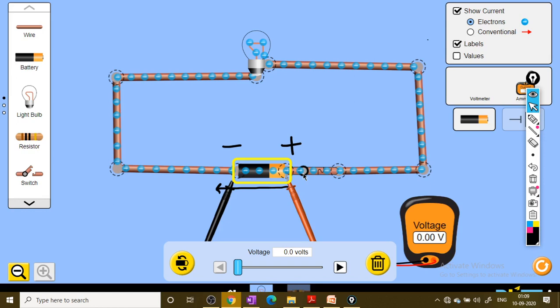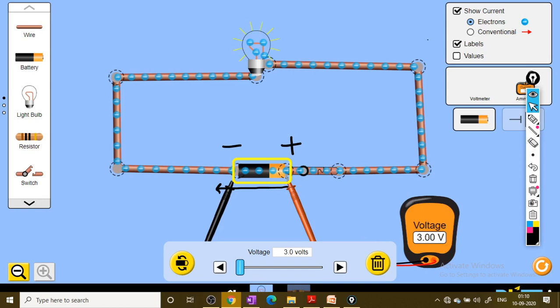If you use the cell, obviously the chemical energy in the cell will get over. Cells have chemical energy, which is converted into electric energy. If used continuously, they will lose their chemical energy. That chemical energy here becomes 0. That's why it is showing 0 volt.